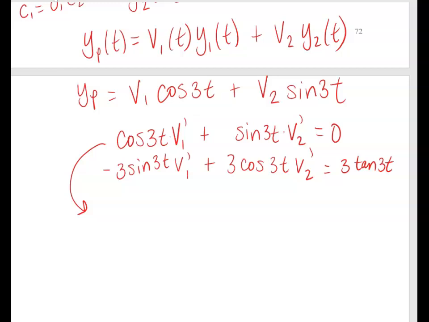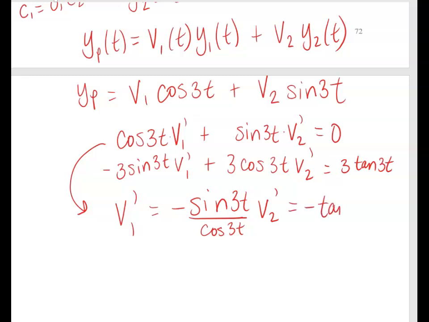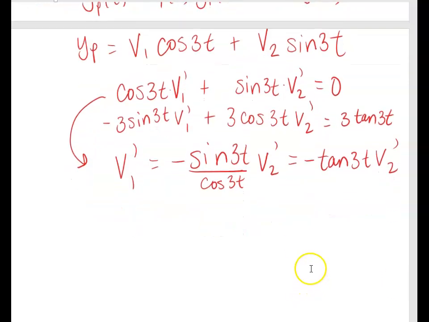Go ahead and pause the video and make sure you get the same thing I do, but I'm ending up with v1 prime is equal to negative sine of 3t over cosine of 3t times v2 prime, and that of course is just tangent, so negative tangent of 3t times v2 prime, and then I substituted that into the second equation in place of v1 prime.